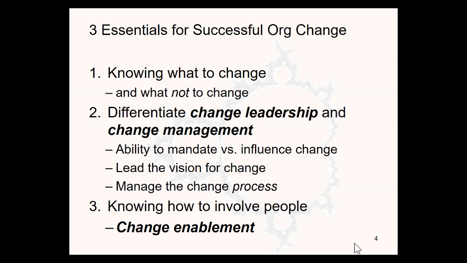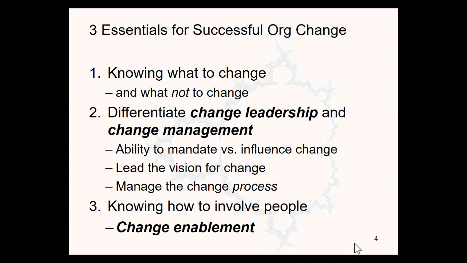The third essential then follows: how to involve the people. When you take a look at the failure rate for organizational change, it is quite high and oftentimes involves overlooking the people component. In talking with a number of people recently, I'm coming to call this change enablement, in that there's certain things that you have to lead, there's certain things that you can manage, but there's also things that you can do to enable people themselves to participate in the change process.